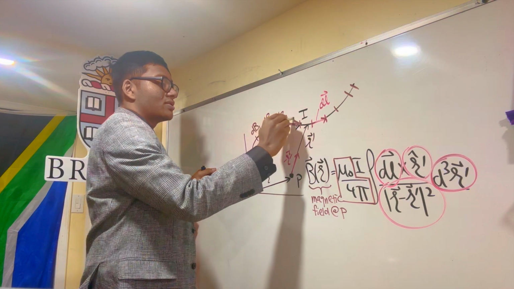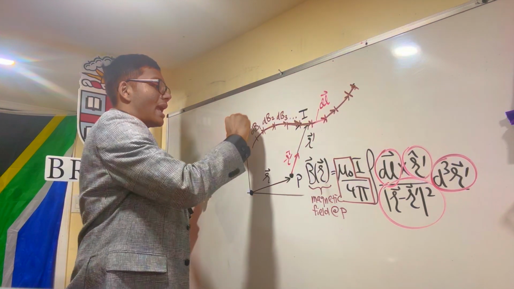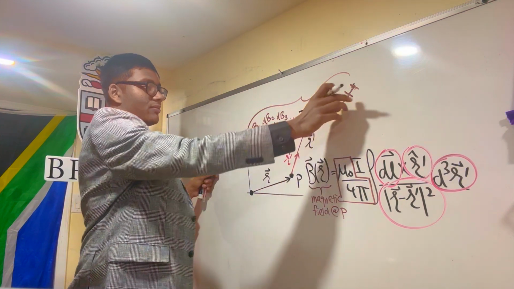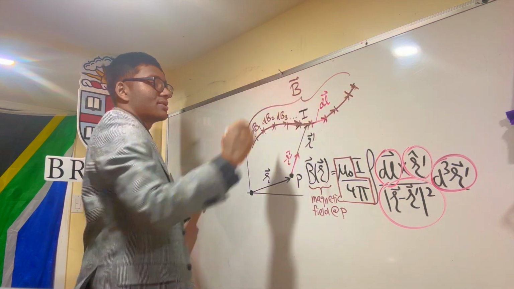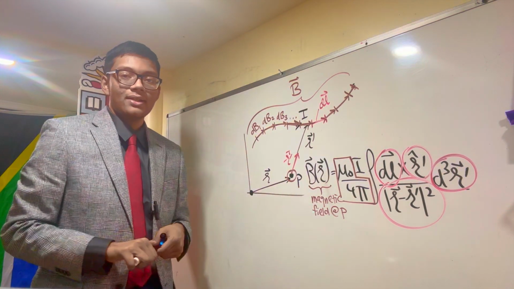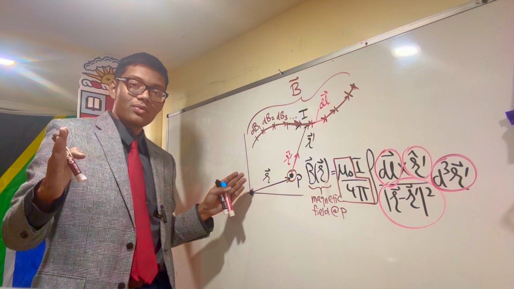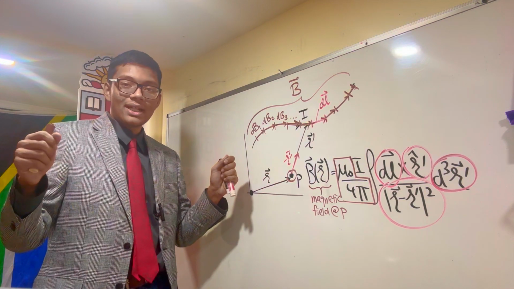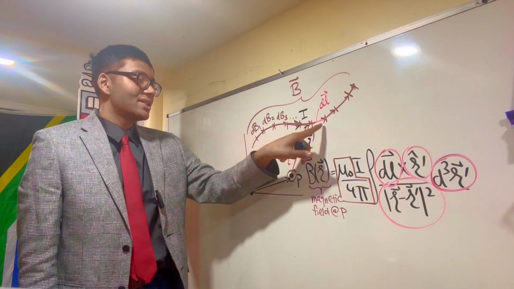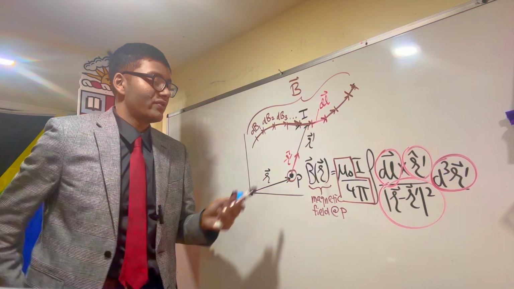You find the magnetic field due to each one of these small parts of the wire, and then you add them up to get the total magnetic field B due to the entire wire at this point P. So it's slicing and dicing: slicing up your current carrying wire into lots of small tiny parts, finding the magnetic field contribution at point P due to each of these small parts, and then adding all of them up to get the total magnetic field at point P.